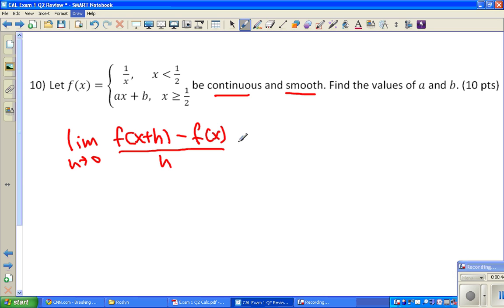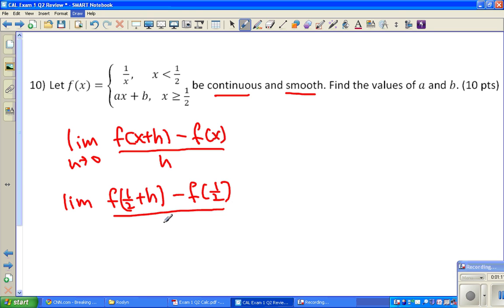Now, in this case, if x equals 1/2, then as we know, in order for the limit to exist, what we end up getting is the limit of, by plugging in 1/2, f of 1/2 plus h minus f of 1/2, all over h as h approaches 0 from the right side.